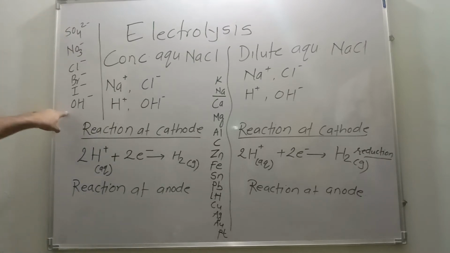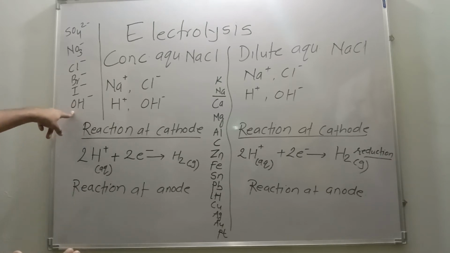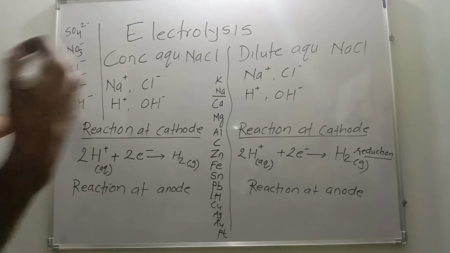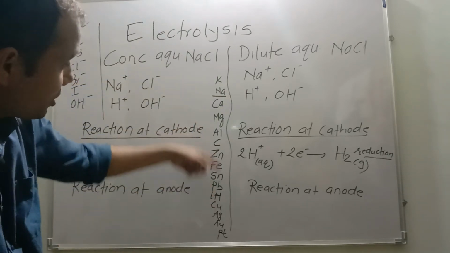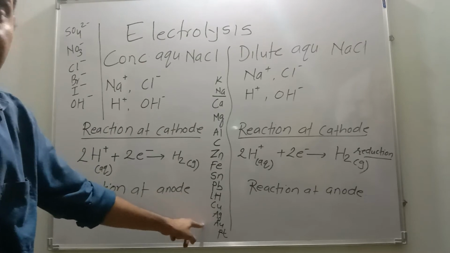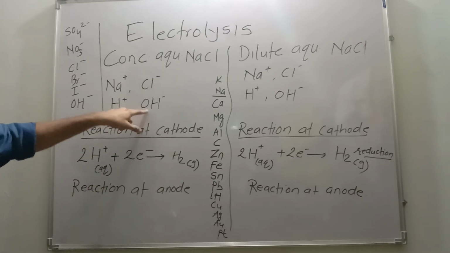So the anion which is at the bottom of the series, like for example this one, OH-, is going to discharge first. They will preferentially discharge, the one which is at the bottom. Same way in the case of these anions, we have OH- and Cl-.